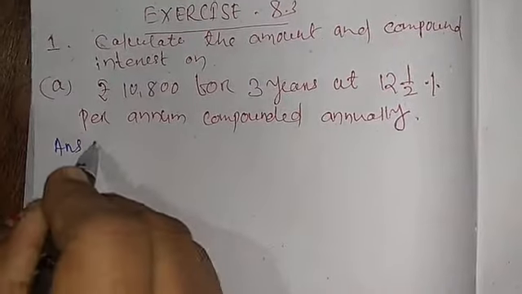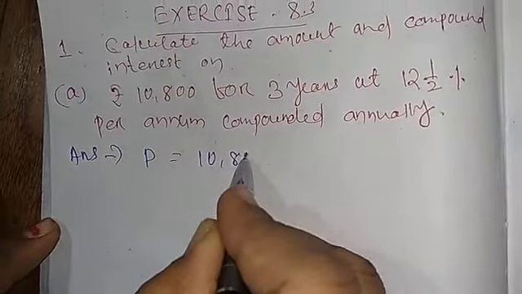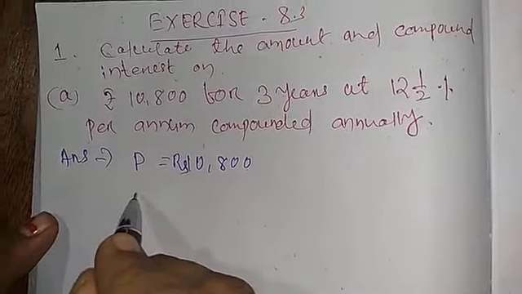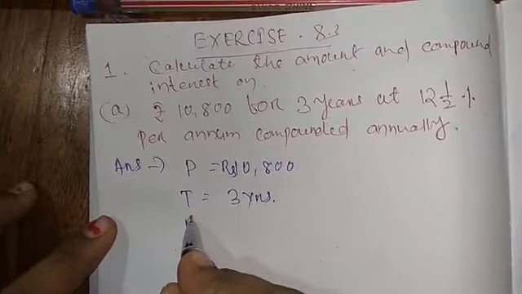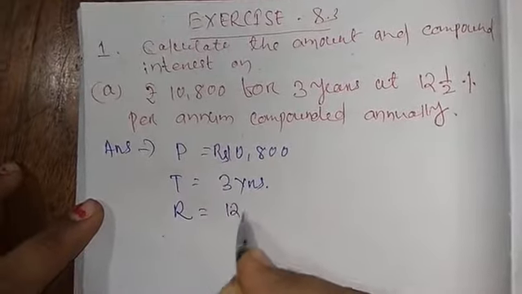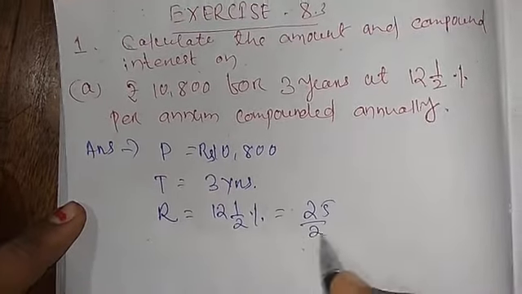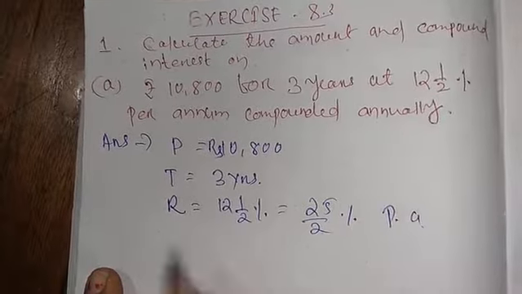So here our principal equals 10,800 rupees. Time equals 3 years. Rate of interest equals 12 whole 1 by 2 percent, means 25 by 2 percent per annum.